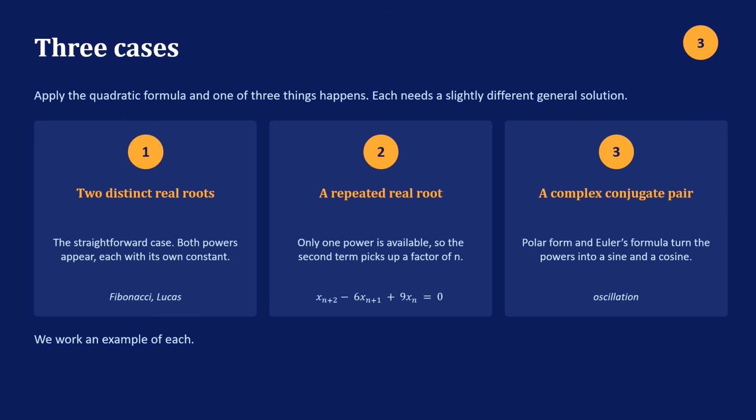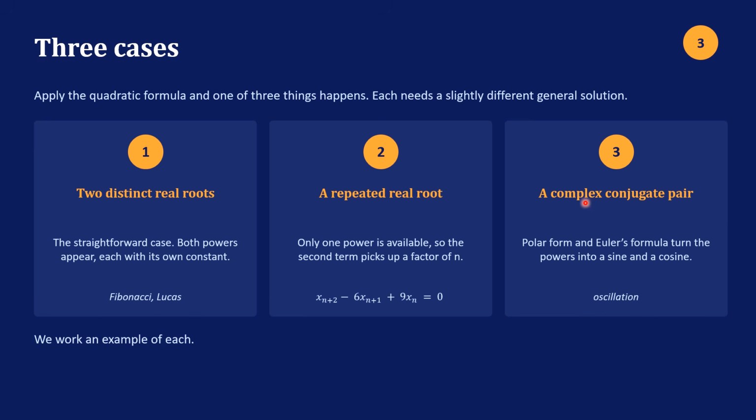For a quadratic equation, there's three cases. We have distinct real roots. So we have two distinct roots, and that'll be the case when we look at the Fibonacci and Lucas sequences. Then you can have a repeated root where you have the same root twice, in other words, when you factor something like this, you get x minus 3 squared, and so 3 is a repeated root to the characteristic equation associated with this one.